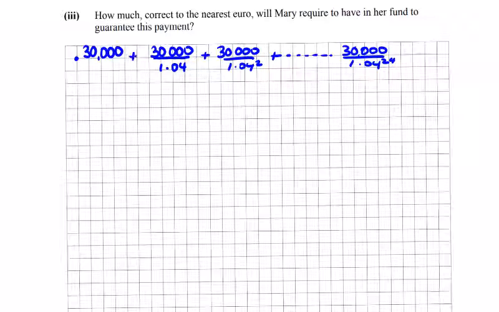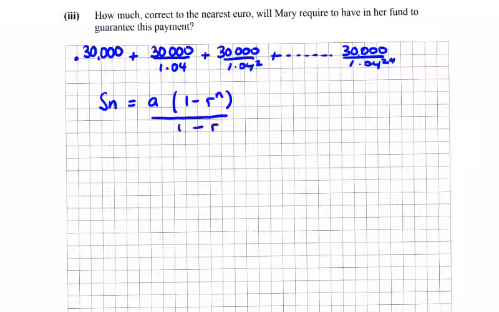So we have Sn, the sum of n terms. Sn is equal to A times 1 minus r to the power of n over 1 minus r. So A is 30,000, the first term. R is 1 over 1.04, since we multiply every term by 1 over 1.04 to get from one term to the next.